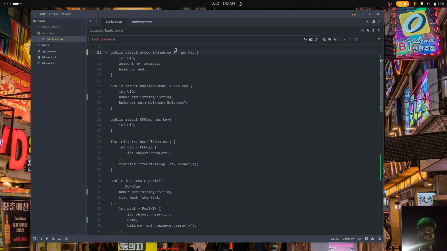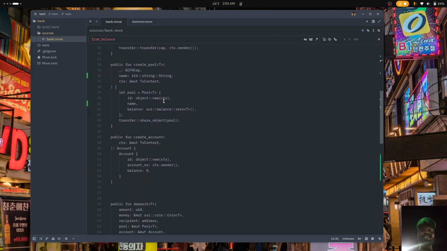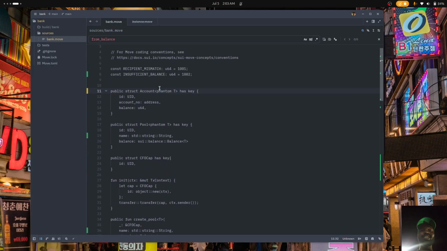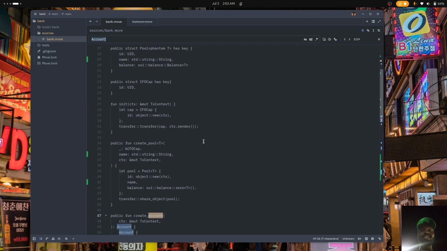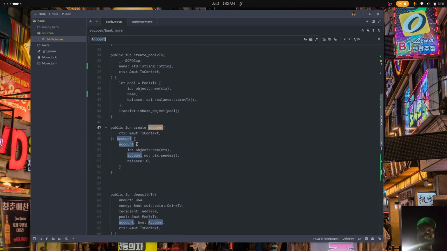It can just be explicitly stated here, giving a type that wouldn't worry or affect the build. So let me update every account I can see. So in here, I'm supposed to return an account of type T, so I can have different accounts for different currencies. So I'm going to have this as well.